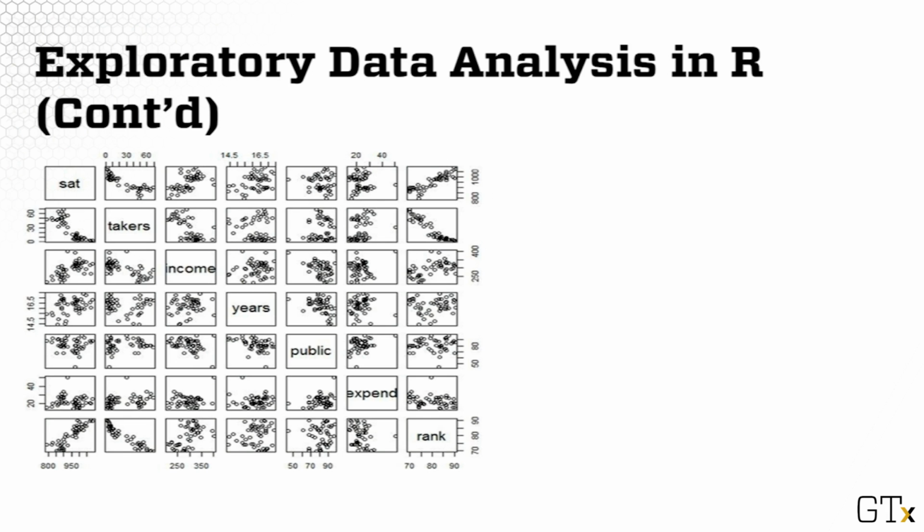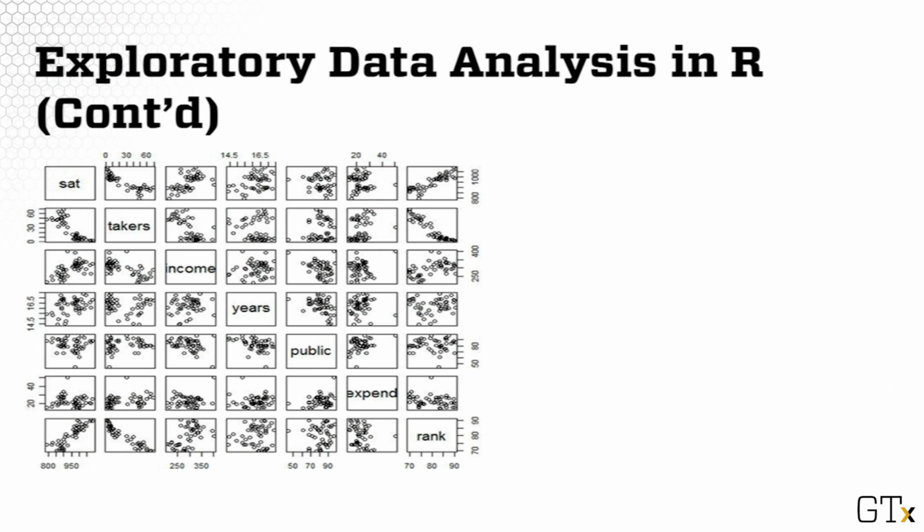The scatter plot command that I showed you in the previous slide outputs a scatter plot matrix showing the relationship between the variables. Generally, we're looking for trends here. Does the value of one variable tend to affect the value of another? If so, is that relationship linear? This type of question helps us think of what type of interaction and higher order terms we may want to include in the regression model.